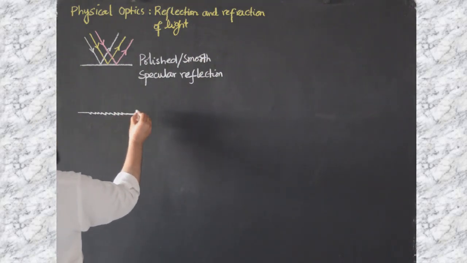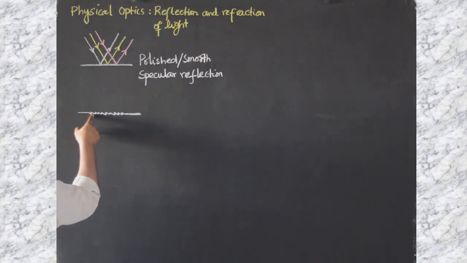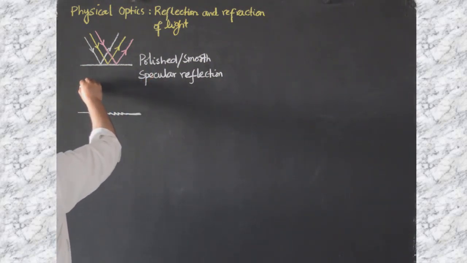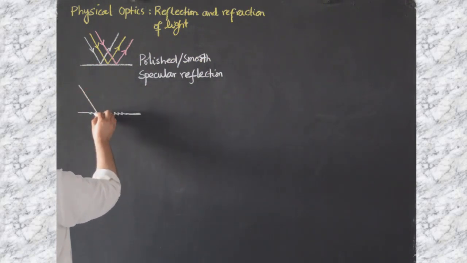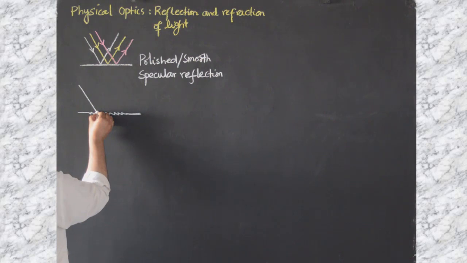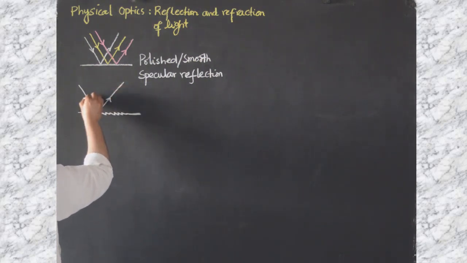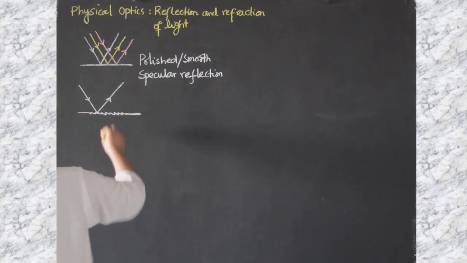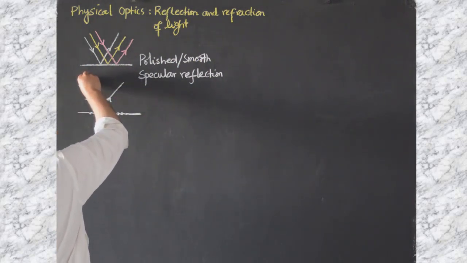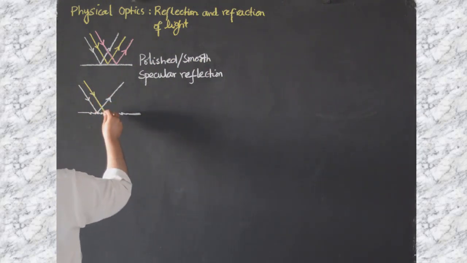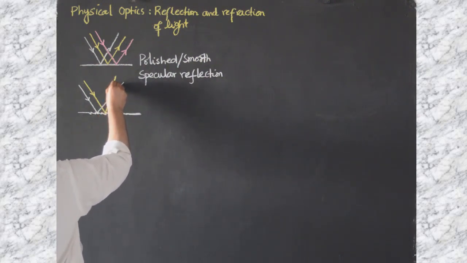then on each segment we will have specular reflection. For example, this light ray is coming in and hitting this portion, so here the light will go this way. If it hits, for example, this segment, then from here it will go this way.